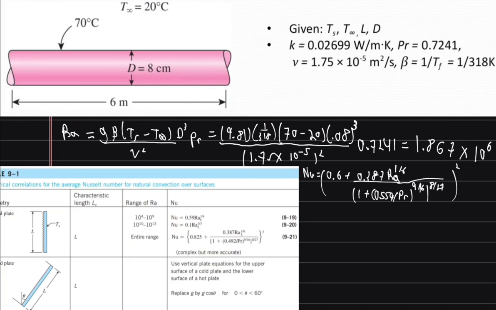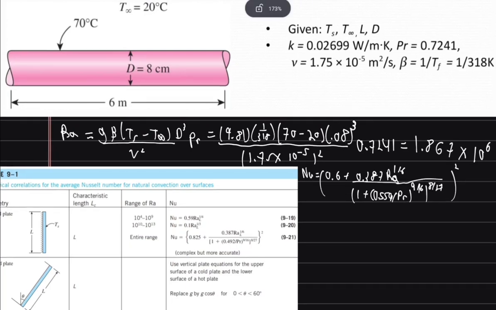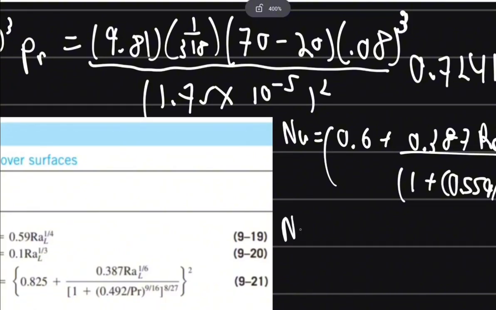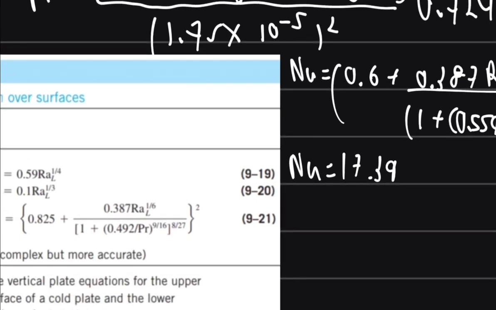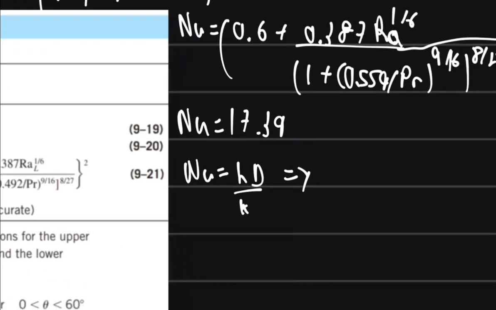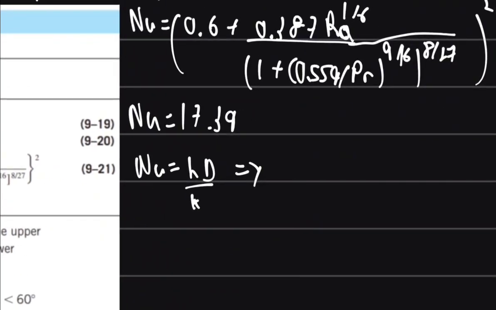We substitute those in, and then we get a Nusselt number of 17.39. And then, just like in chapter 7, we know the Nusselt number is h d over k, which means we can solve for h, and we can get Q from there.